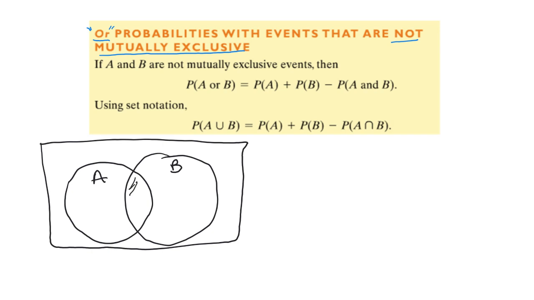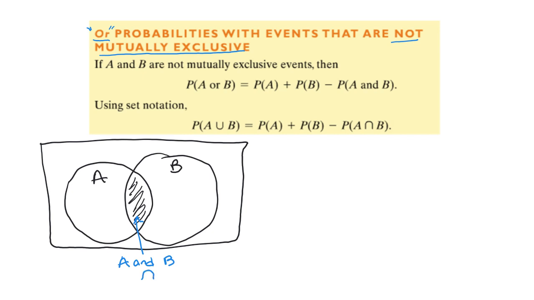Notice they have a little overlap in the middle. This overlapping part is A and B. Remember, that symbol is for the word intersection.